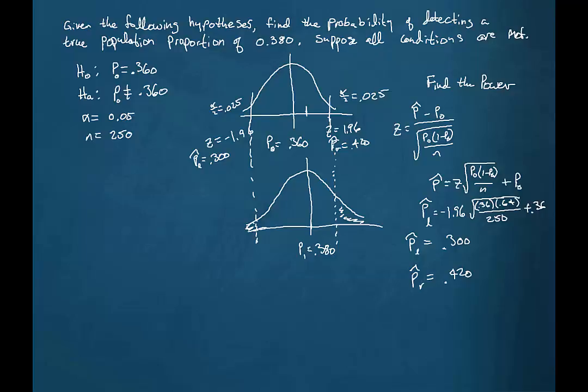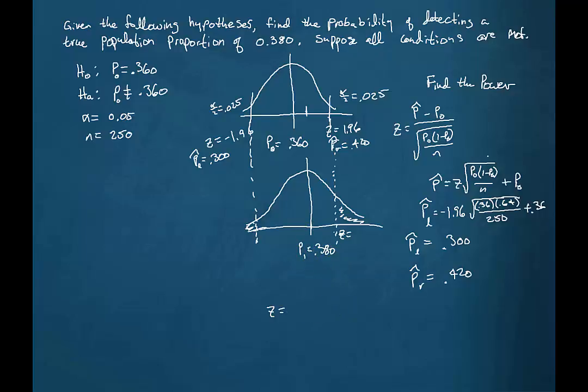So the next step then will be to calculate the z-values associated with these p hat values of 0.420 and 0.300 when p, the population proportion, is 0.380.